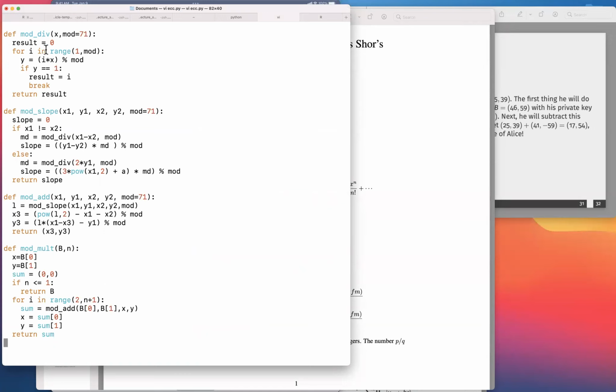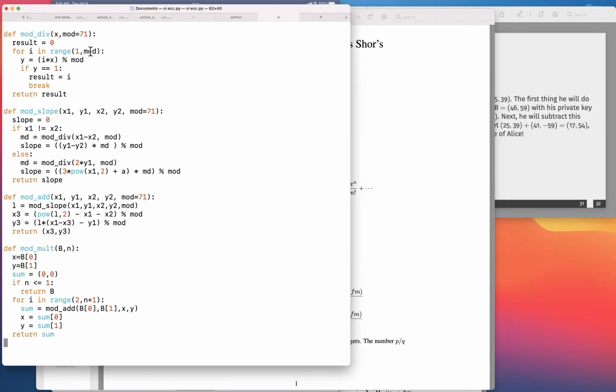So if you want to get the inverse of x, what you do is multiply x with some number i, where i is from 1 up to the modulo, not including that number.